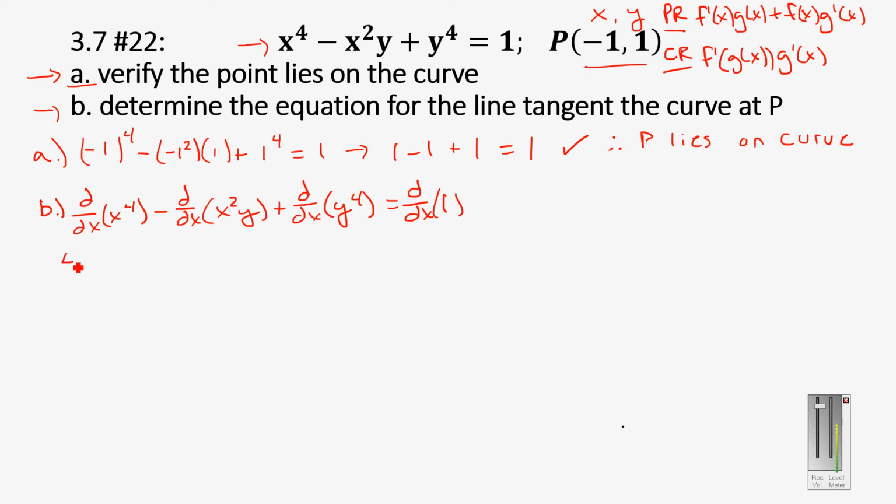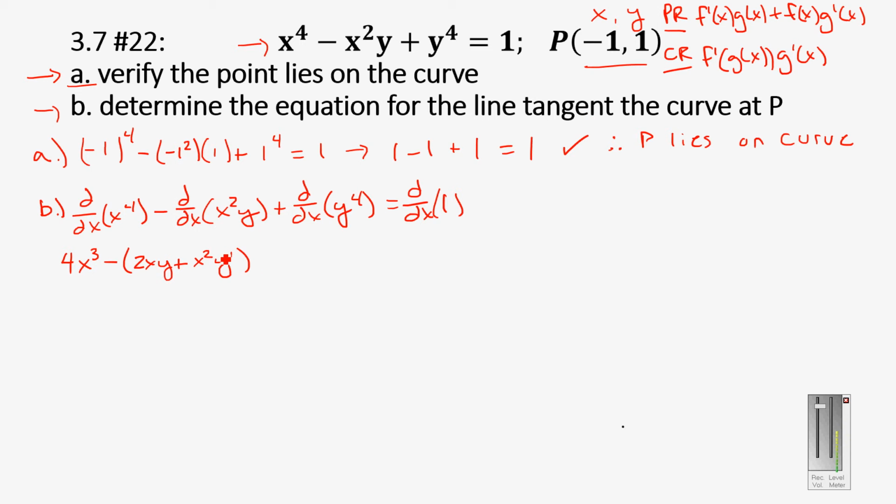Derivative of x to the fourth is 4x cubed minus the derivative of the product of these two. So f prime is 2x with the y left alone, plus f of x, which is x squared, times y prime. So that's the g prime of x up here.